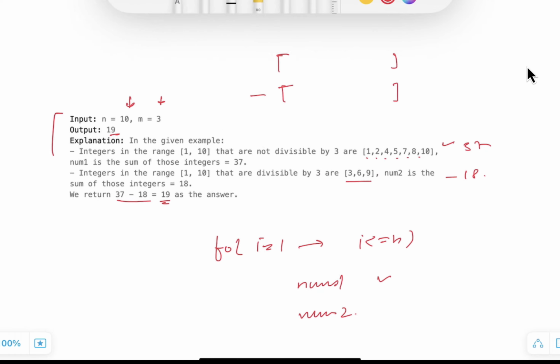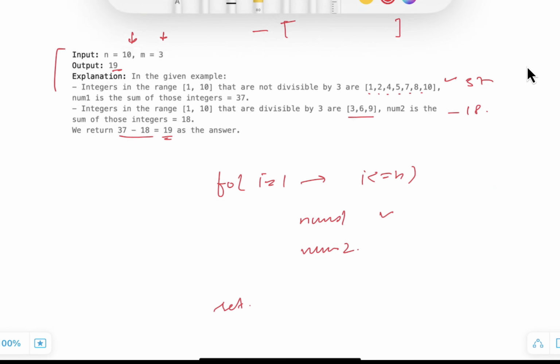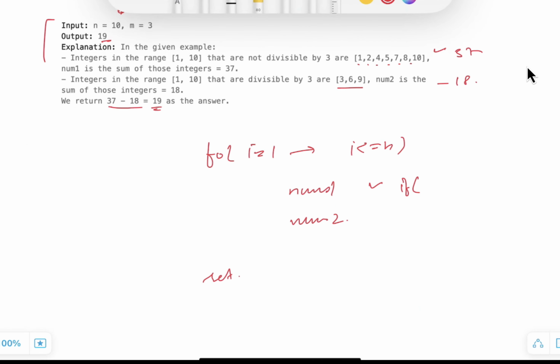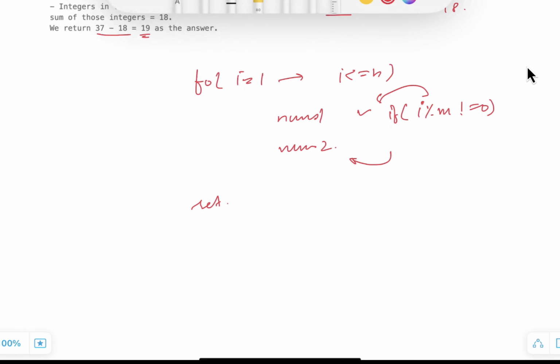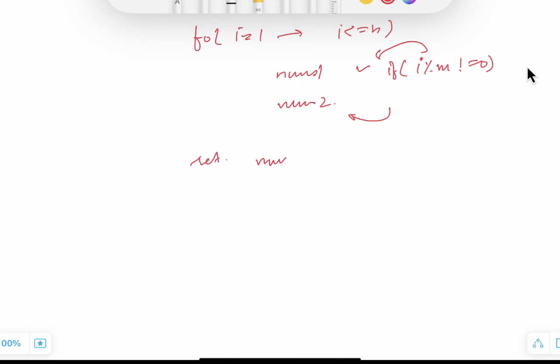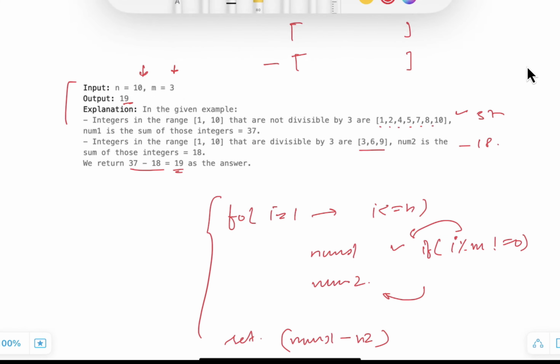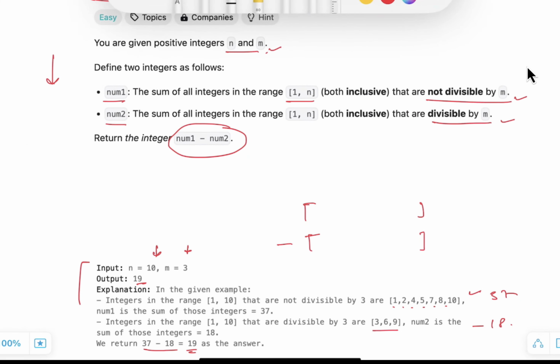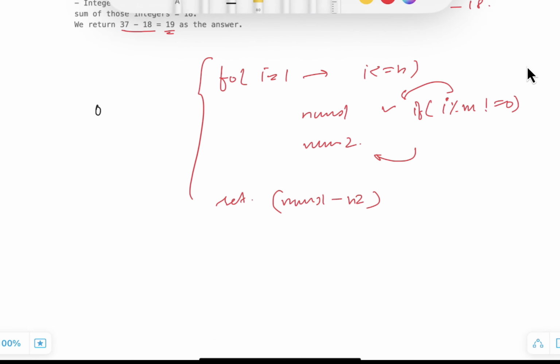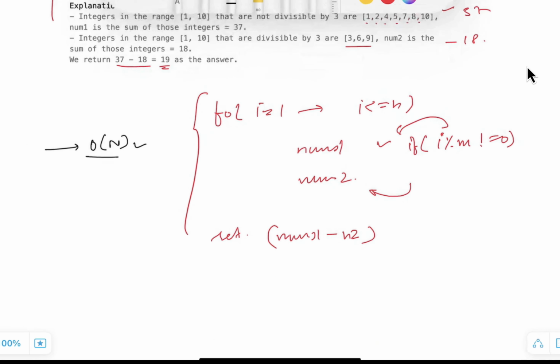If i modulus m is not equal to 0, it goes to nums1, otherwise it goes to nums2, and in the end we return nums1 minus nums2. That is going to be my answer. But in this case, my solution time complexity is order of n.